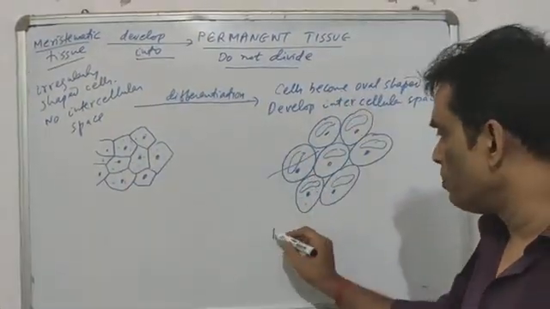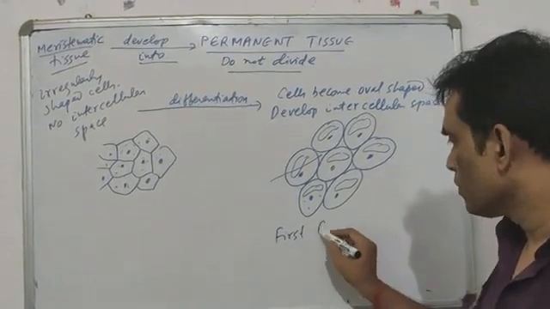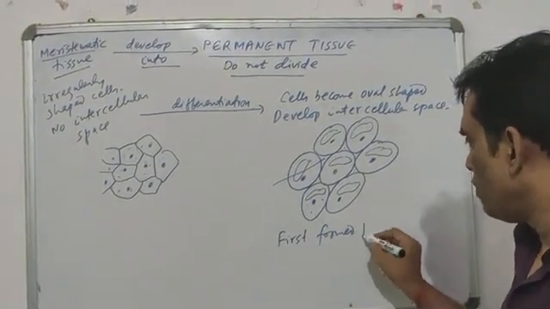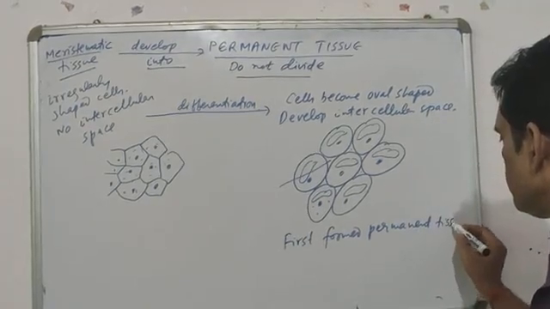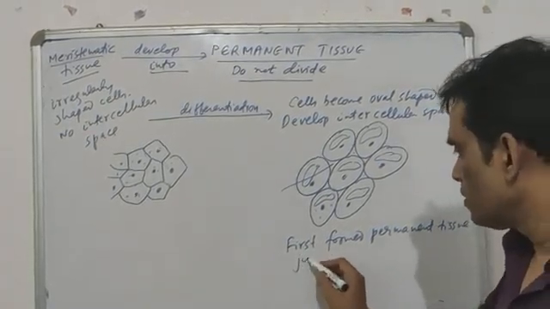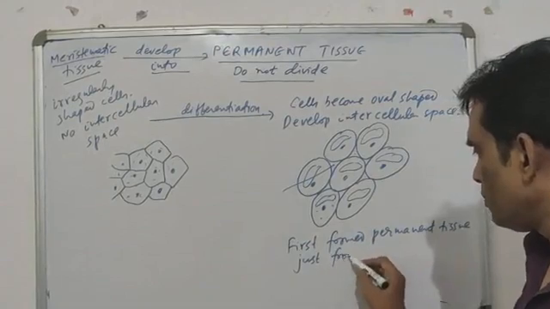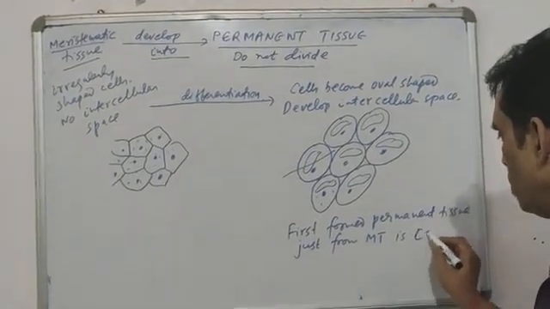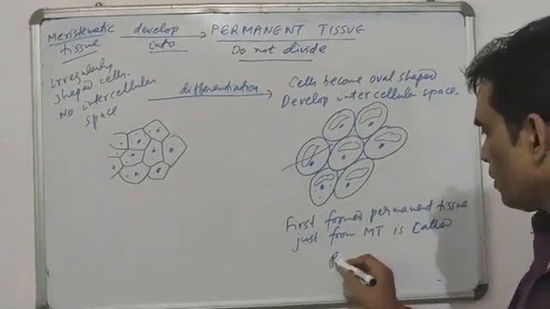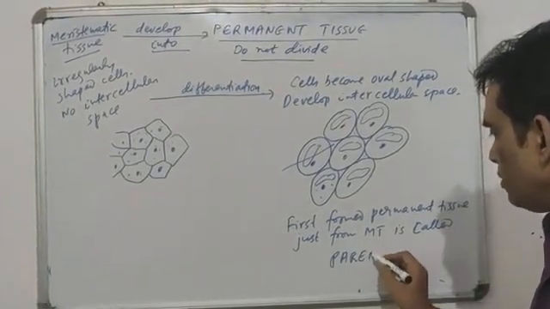The first formed permanent tissue just from the meristematic tissue is called parenchyma.